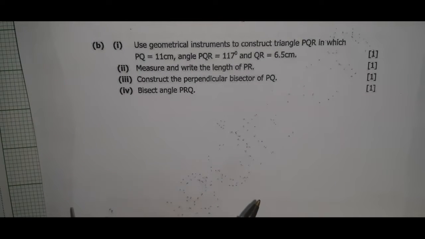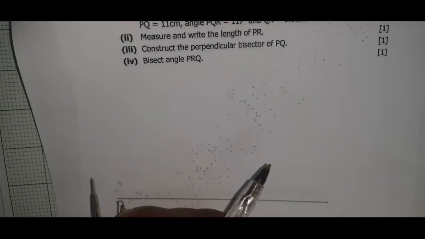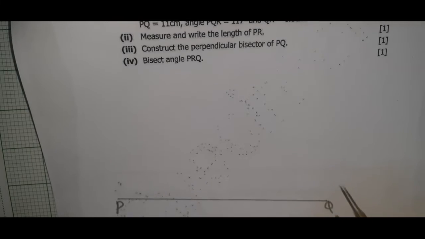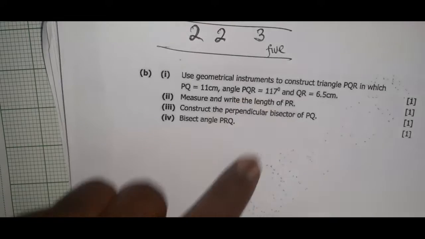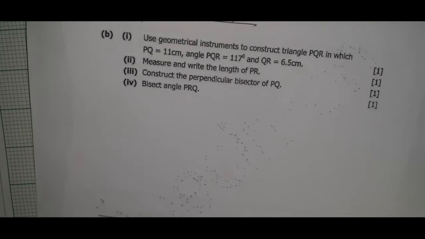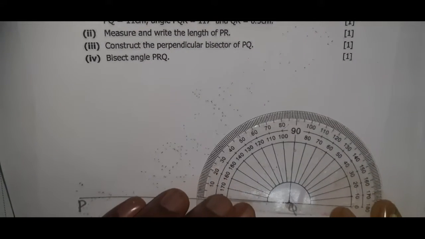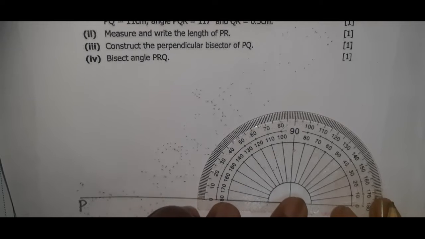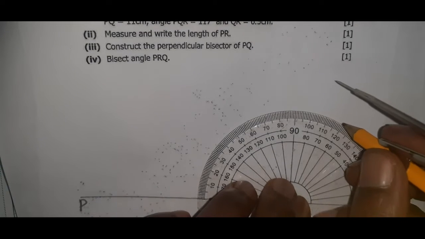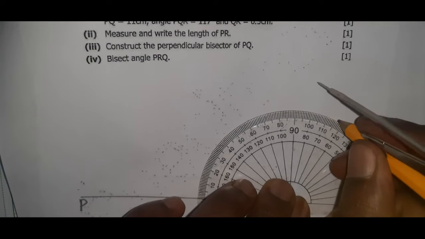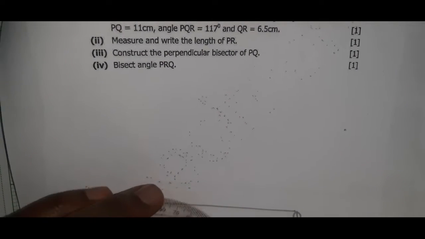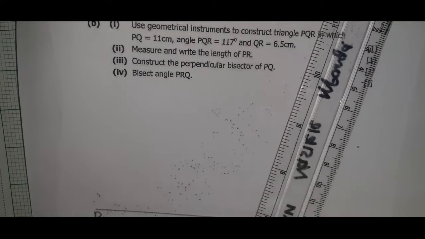So we can say this is P and Q. Then the angle at Q is 117. So we need to measure the angle here because we have been told that it's 117. So 117 is here. 117 is at this point.